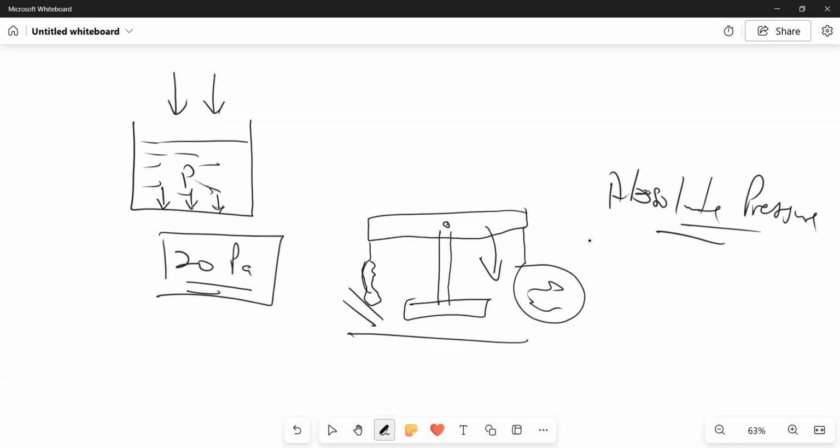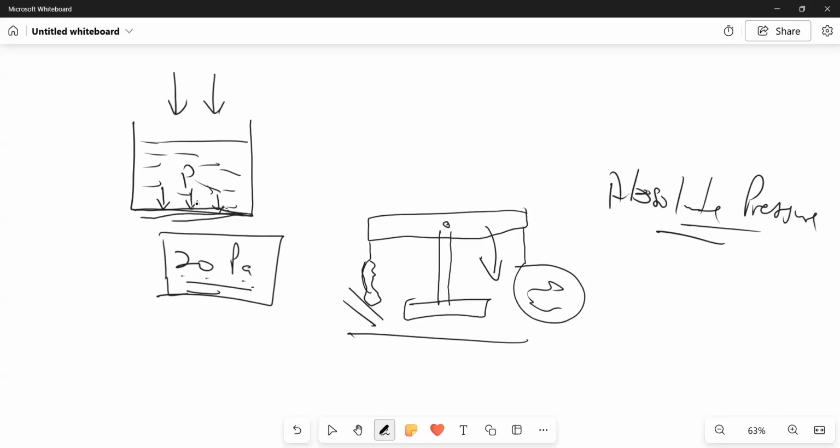What the instrument might be measuring is the pressure in excess of atmospheric pressure. So this fluid that we started off with, we said it's exerting 20 Pascal. But really and truly, it's exerting far more than that on this base here.